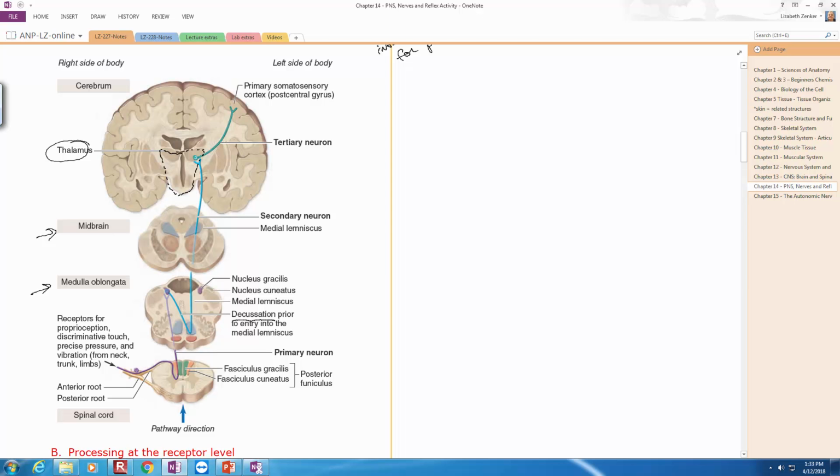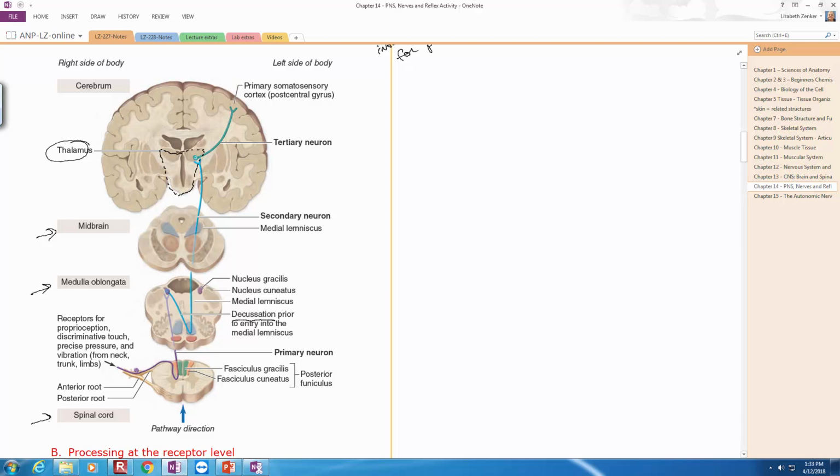Decussate means to cross over. So remember, information from your right leg is going to cross over at some point, and then it's the left side of the brain perceiving that sensory information. That is the term decussate. We'll come back to that.